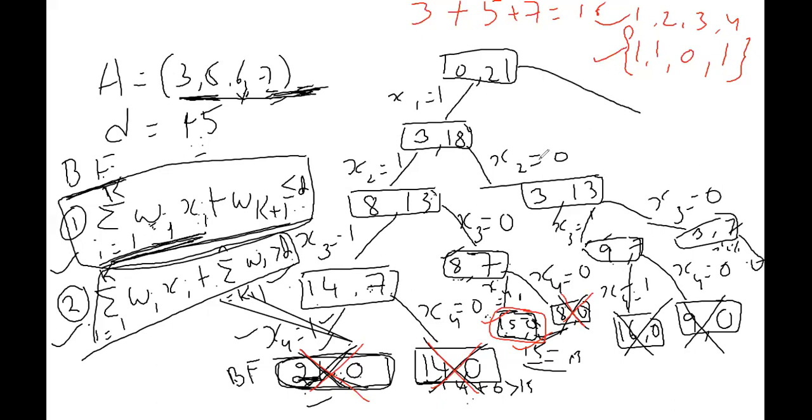Next possible solution over here is x1 equal to 0, because we have done with selecting x1. Start with not selecting x1, x1 is equal to 0. If you're not selecting x1, what is the possible value over here? It is 0 comma 18. 0 comma 18 is not possible.